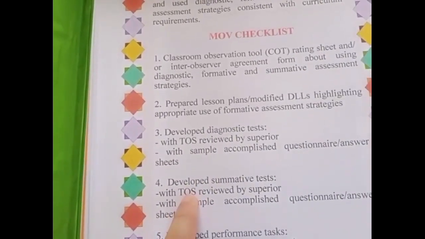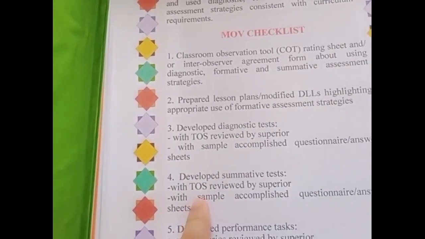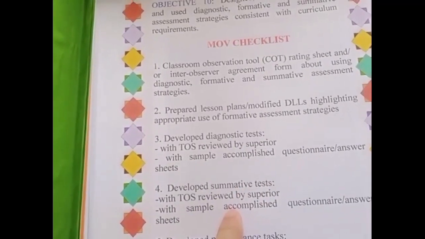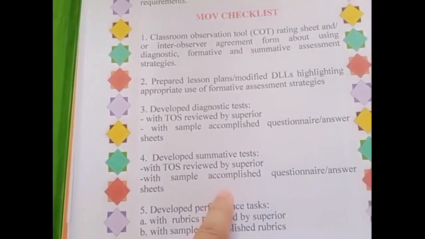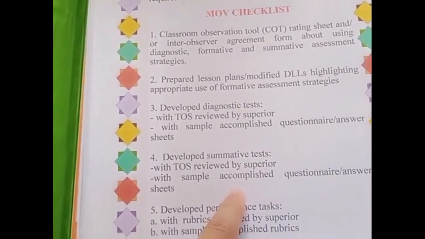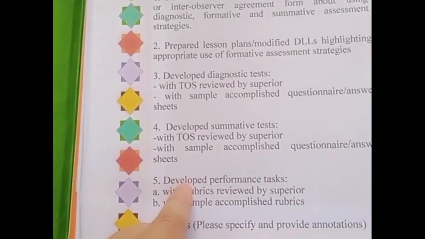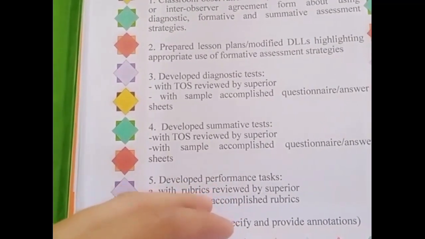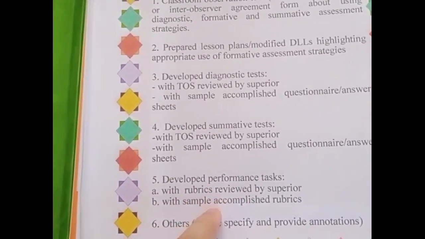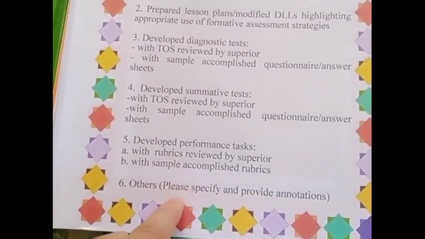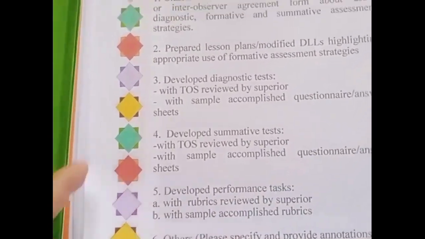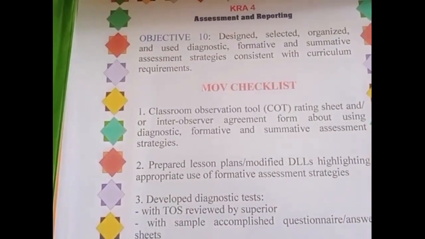Next is develop summative test. Kailangan ay may TOS din tayo, again reviewed by superior, and a sample accomplished questionnaire. And then develop performance task, with rubrics, reviewed by superiors, and with sample accomplished rubrics and others para doon sa objective number 10.